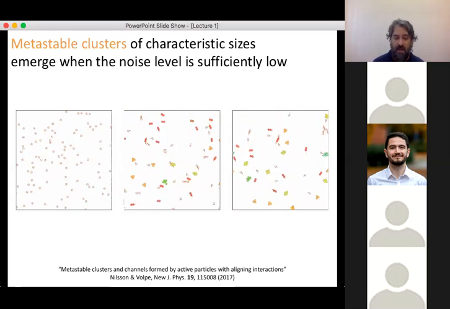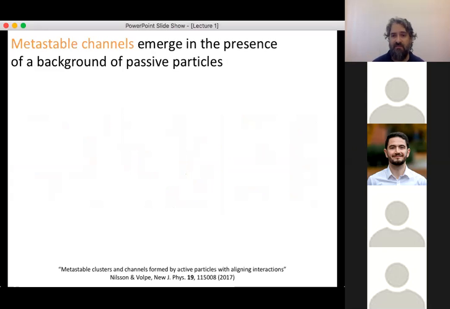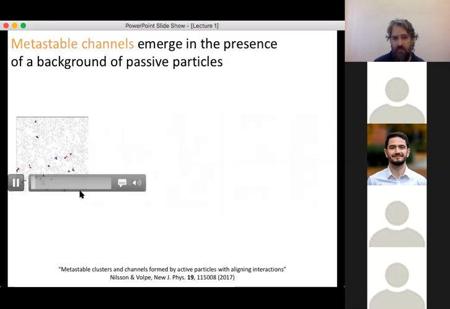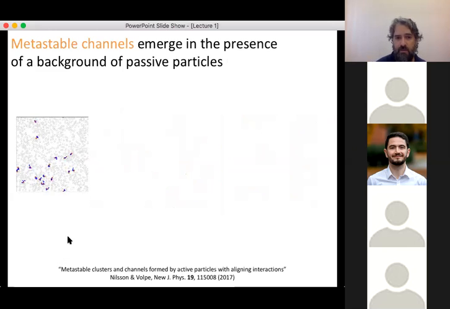Okay, this is interesting, but we can even go one step further. What happens if I also add passive particles in this simulation? Now you see what happens. Here we have both active particles, which are the red dots with the blue tail. The blue tail represents a kind of wake left by the particle. You will see that the blue tail decays over time. Anyway, first case: lots of rotational Brownian motion for the active particles.